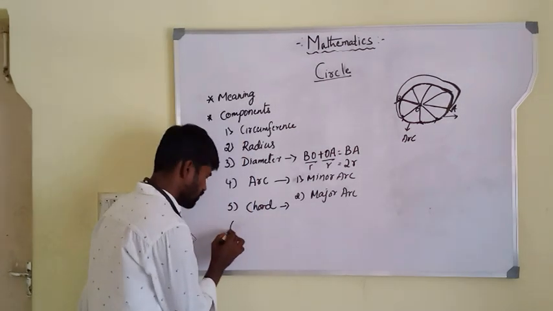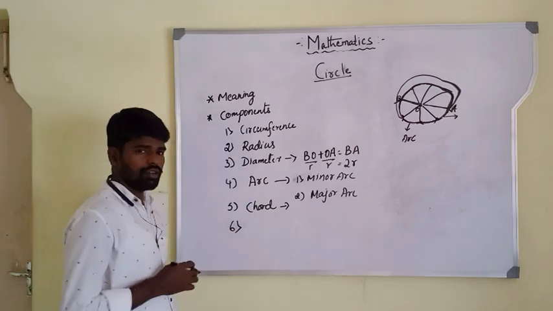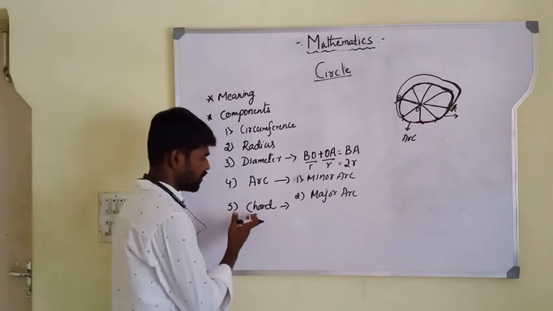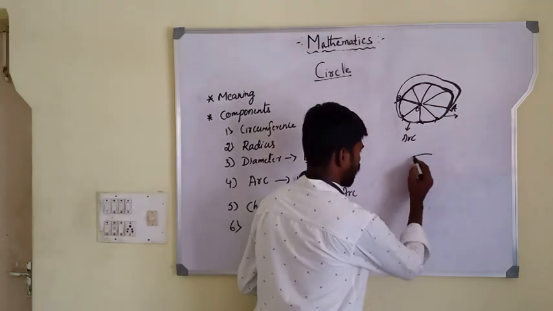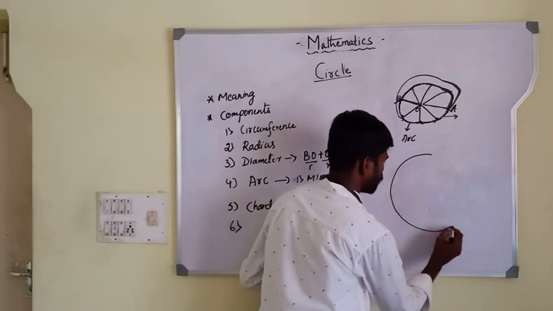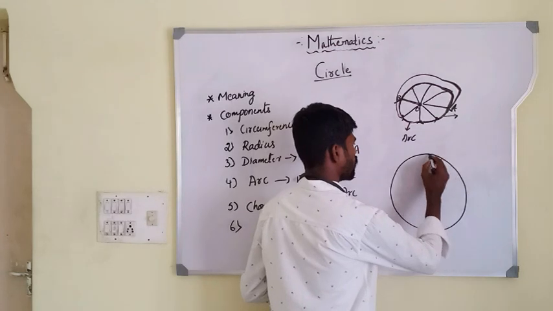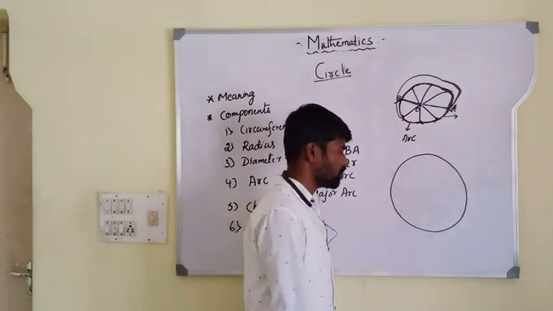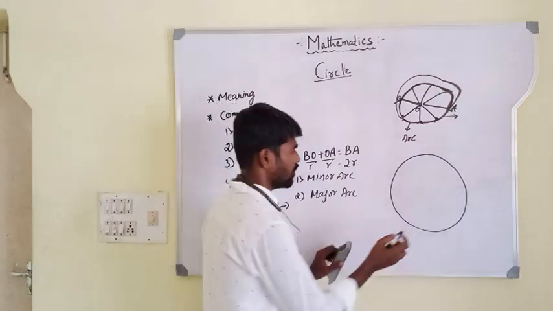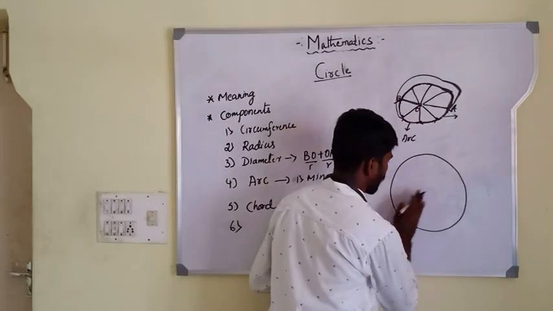Next part is one of the parts of the circle. Now observe, I will draw a circle. Always draw a circle using a compass. Okay, don't draw simply with hands.